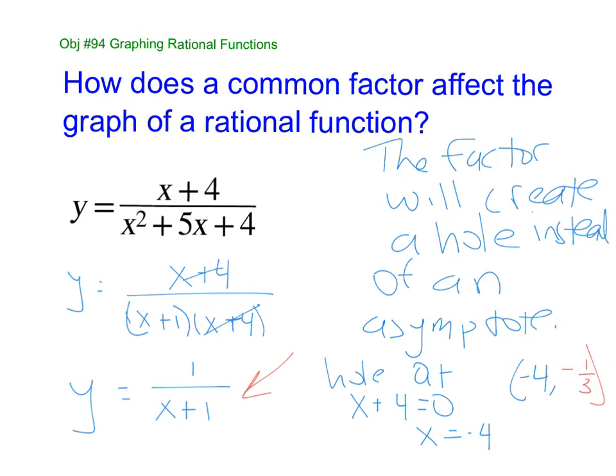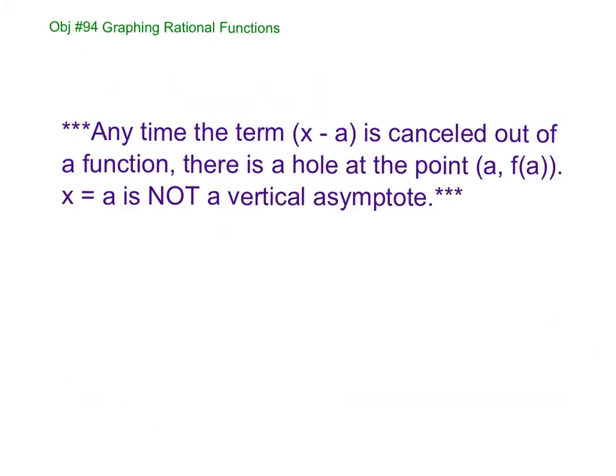That only happens when it cancels out. Anytime the term x minus a is canceled out of a function, there is a hole at the point a, f of a. X equals a is not a vertical asymptote.